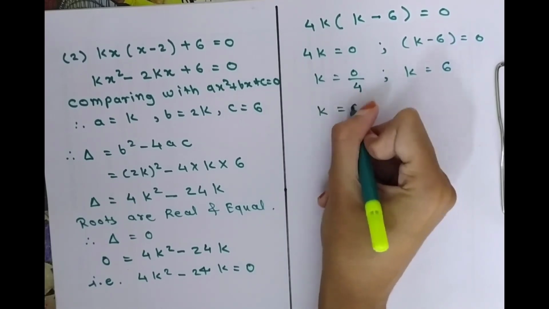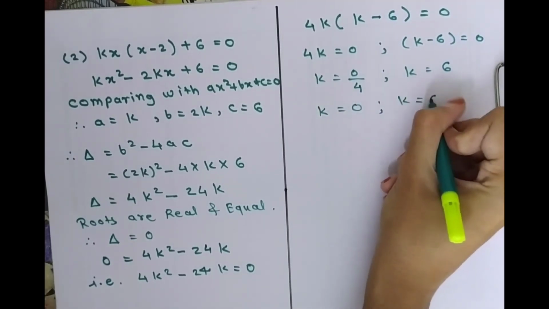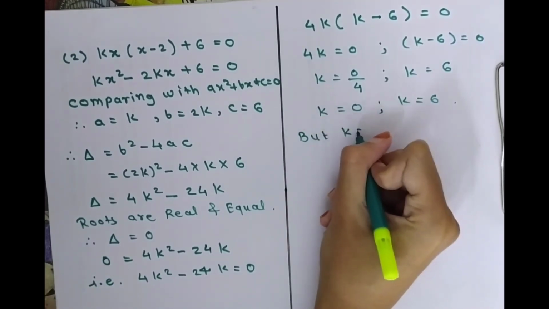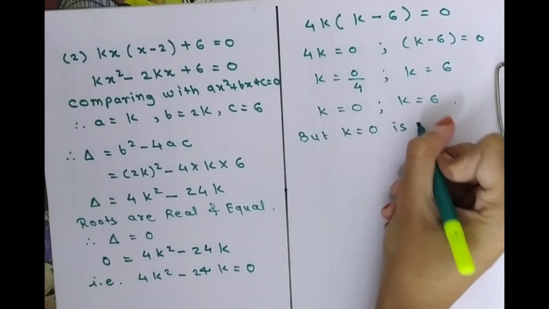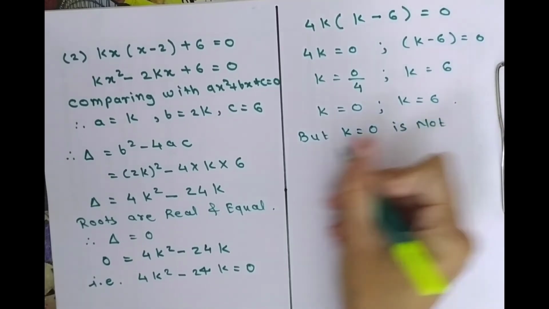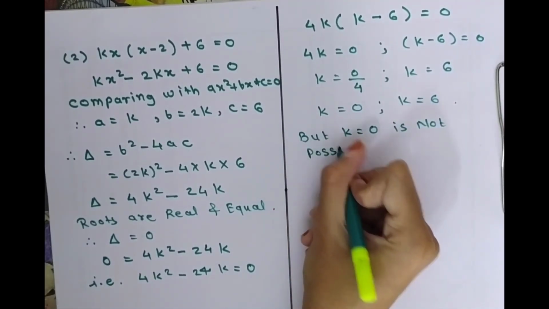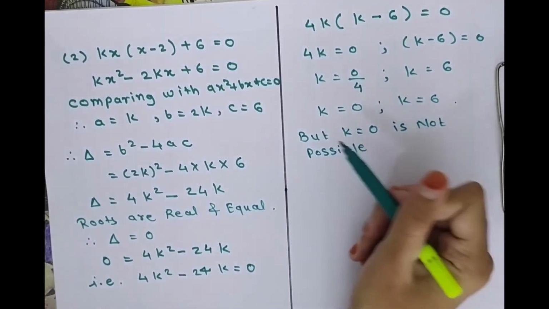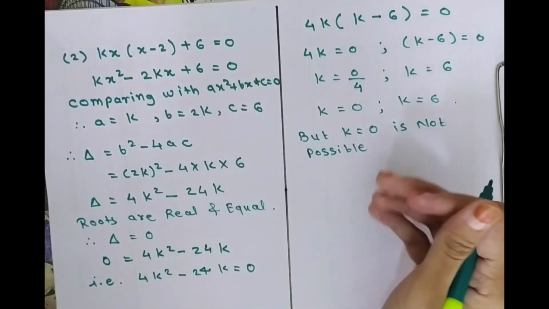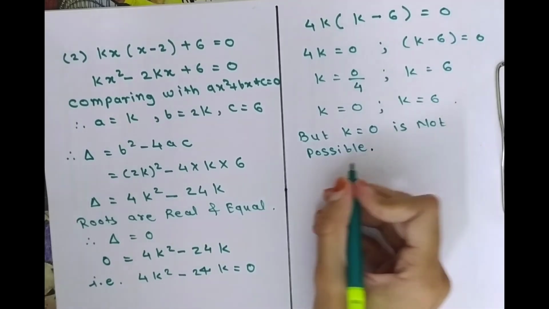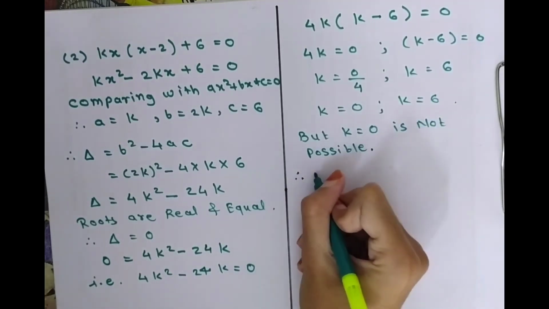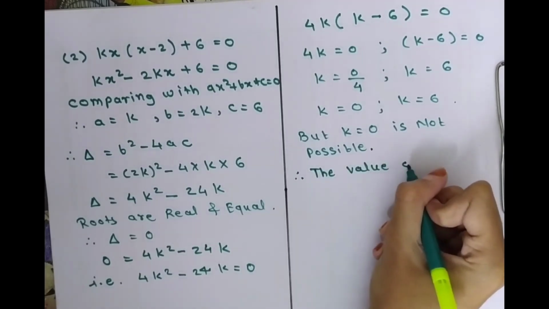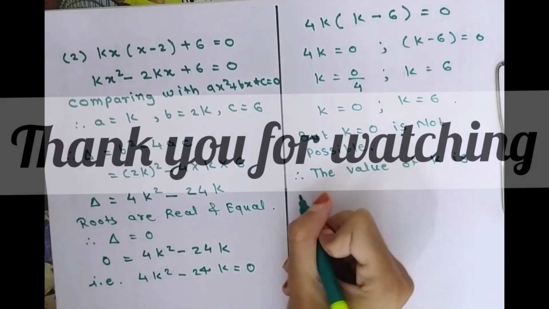So k is equal to 0 and k is equal to 6. But k is equal to 0 is not possible, because when we take k is equal to 0, the equation becomes meaningless, as the whole equation is 0. Therefore it is not possible, and the value of k is 6.